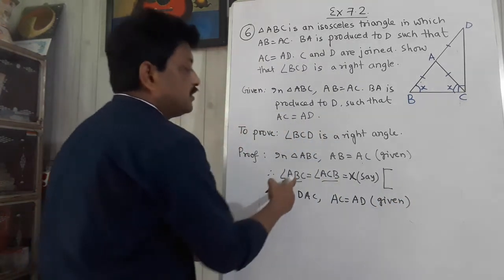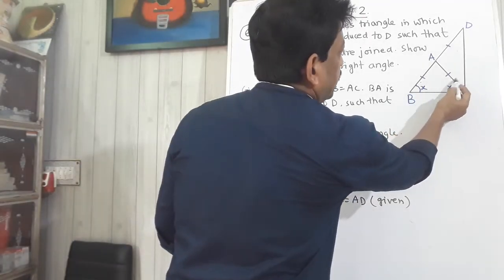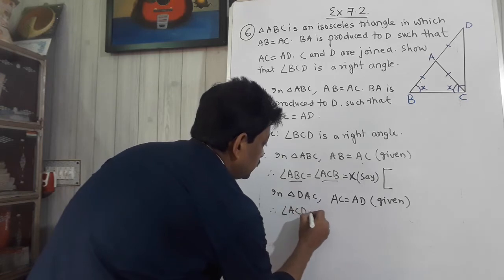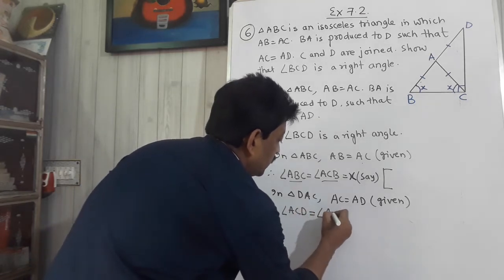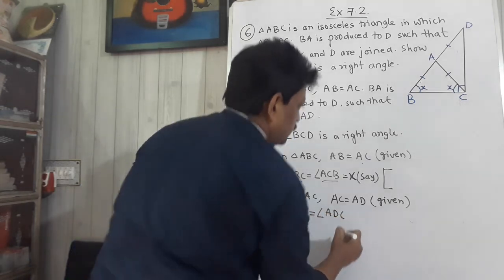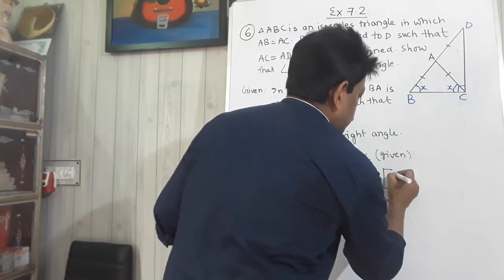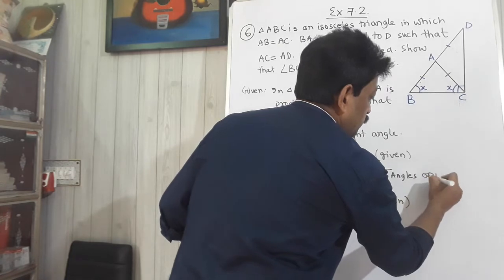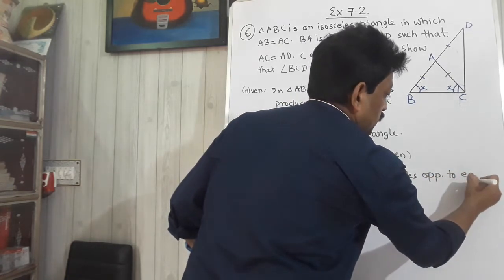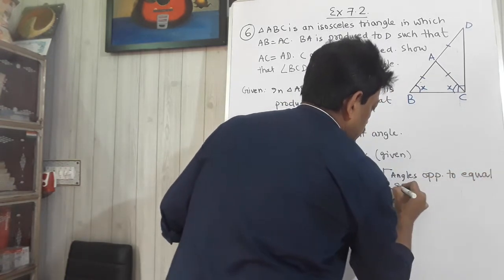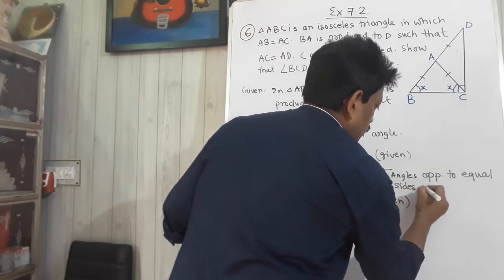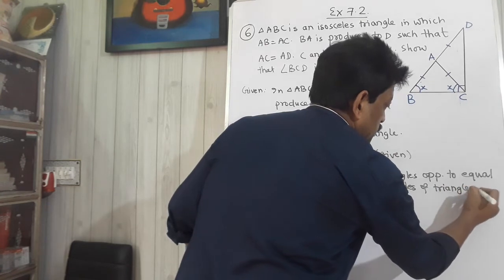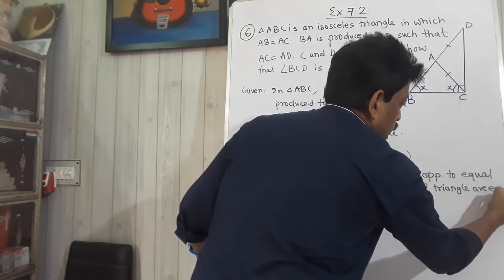Therefore, by similar reason, we can say that angle ACD is equal to angle ADC. Here you have to write down the reason: angles opposite to equal sides of a triangle are equal.